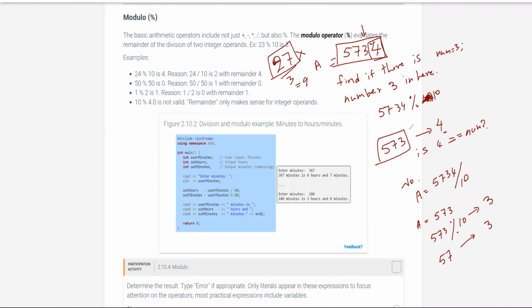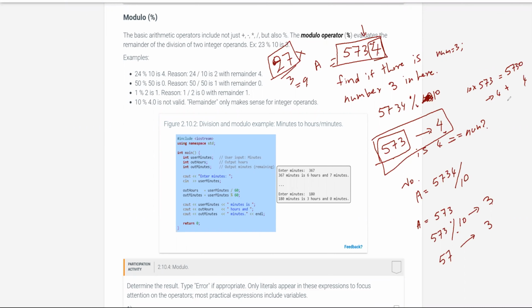How do I know? Well, how do I know this is 4? Well, you can convert this back. This means 10 times 573, and this will give you 5,730, and the remainder is, I said 4, so that means 4.